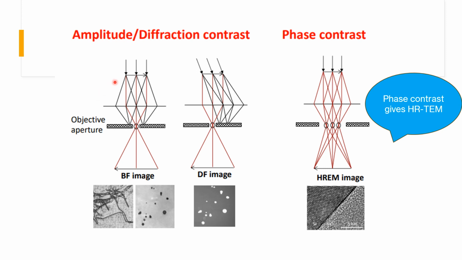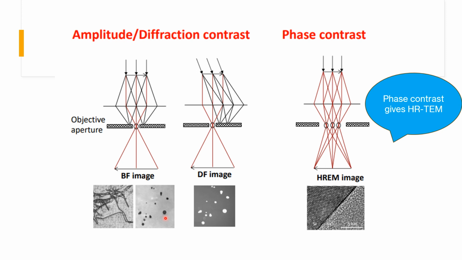In bright field imaging, the direct rays are allowed to pass. If direct rays are allowed to pass, we have the whole image bright, and the diffracted ray is blocked. If the diffracted ray is blocked, then that portion will appear black. So in a specimen, a region or defect which is diffracting will appear black, right?